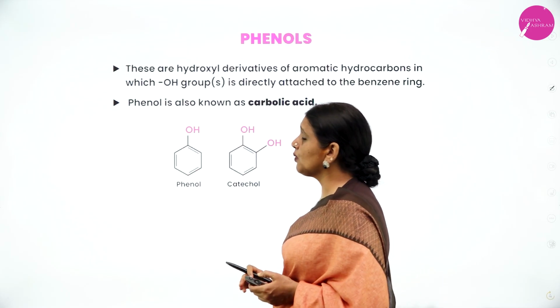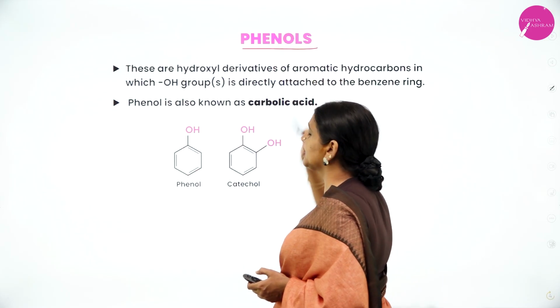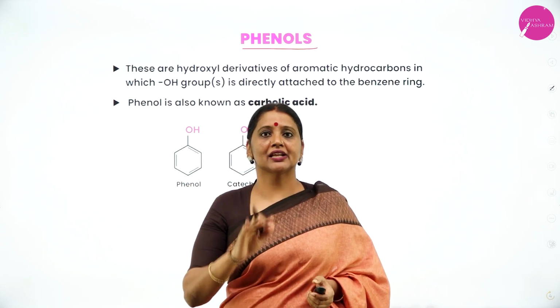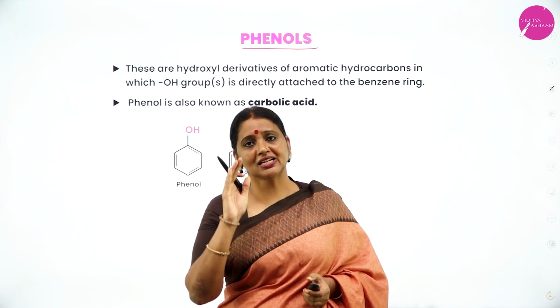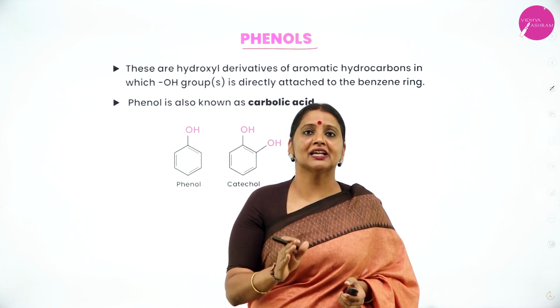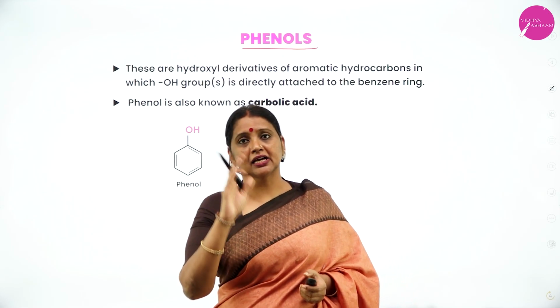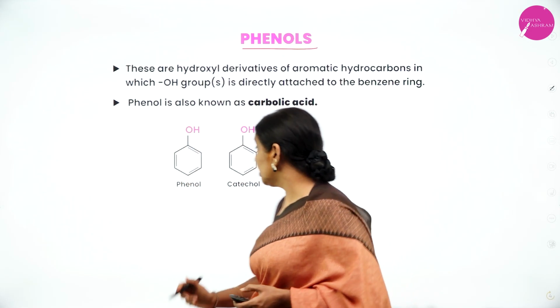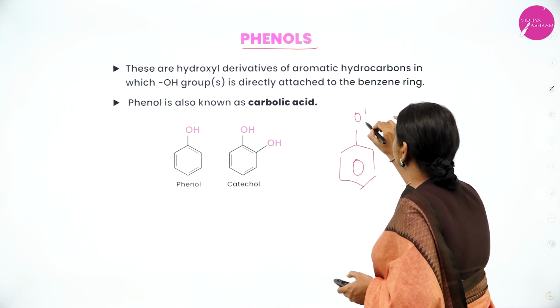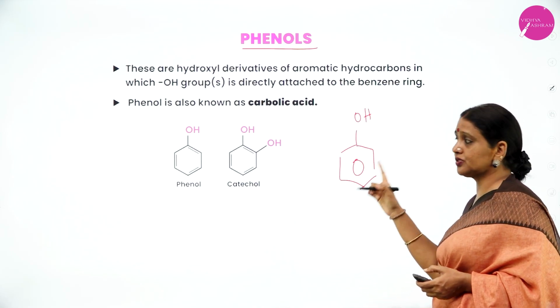Okay. So, now when you consider phenols, what are phenols? Like alcohols, phenols are also hydroxyl derivatives. But in case of alcohol, the OH group is attached to the aliphatic carbon chain, but in case of phenol, the OH group is directly attached to the benzene ring.